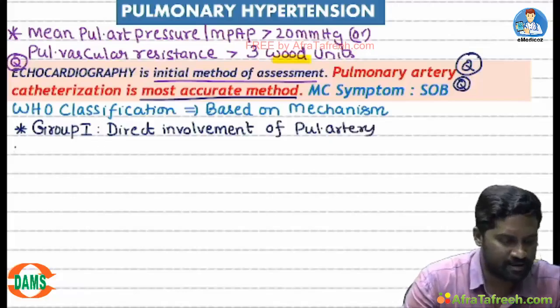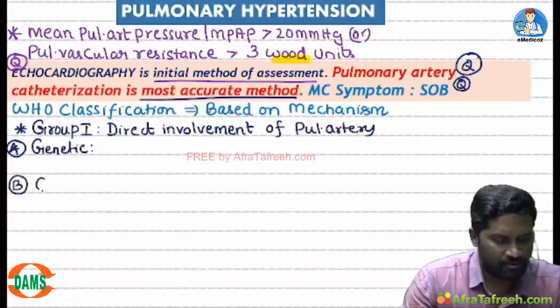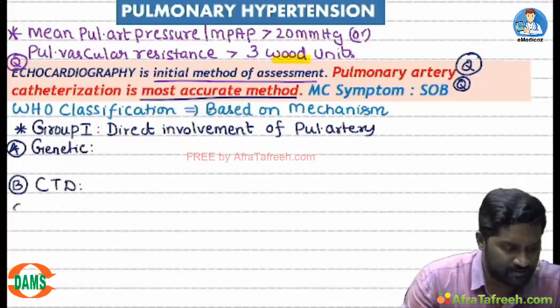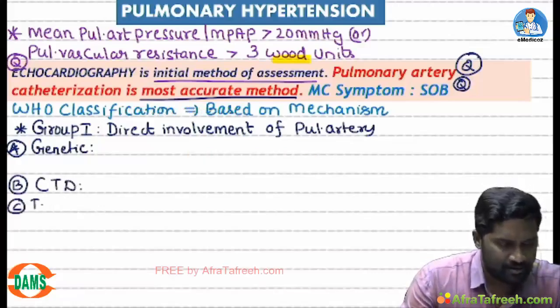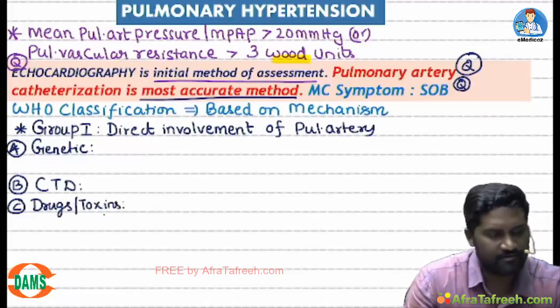It can be due to a genetic cause. It can be due to a connective tissue disorder. CTD means connective tissue disorder. Or it can be due to some drugs or toxins.